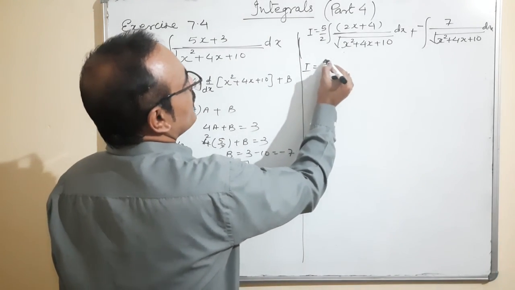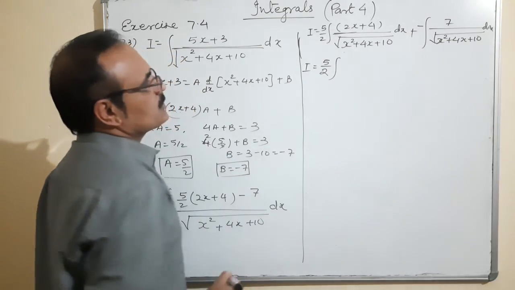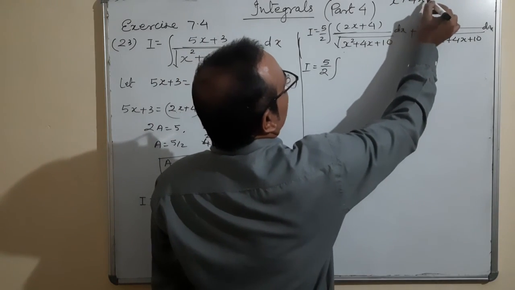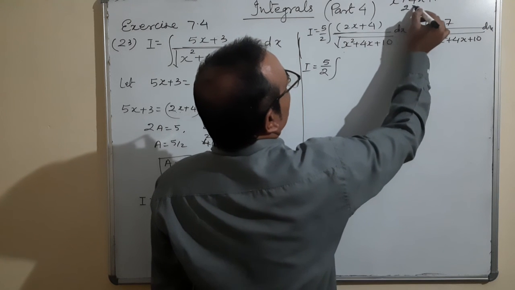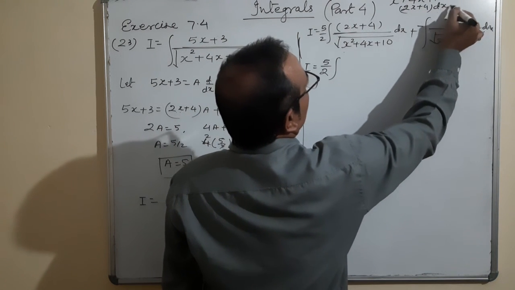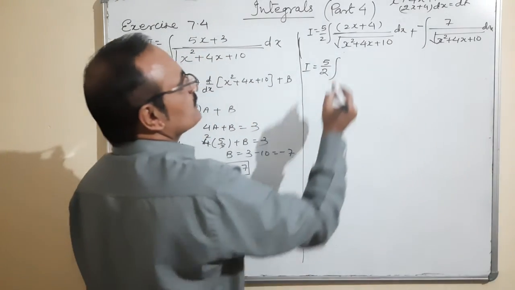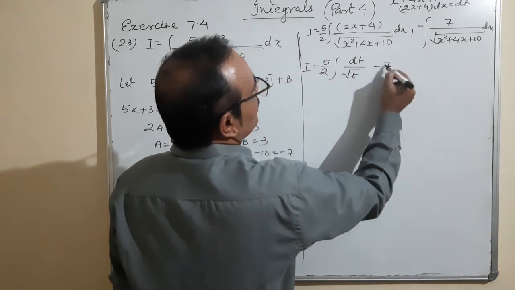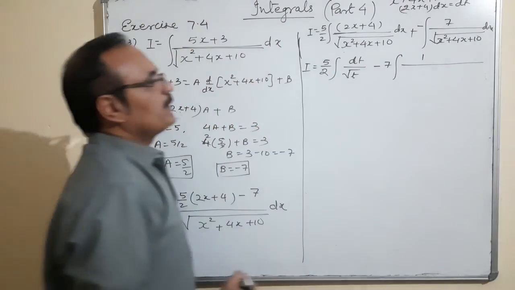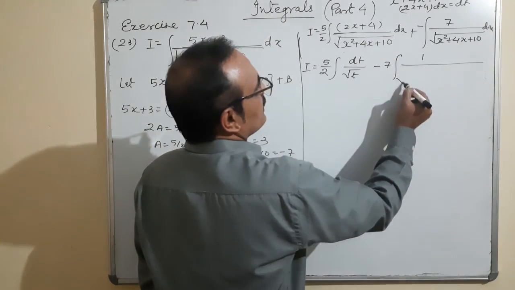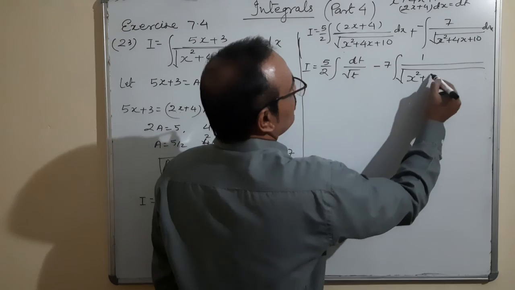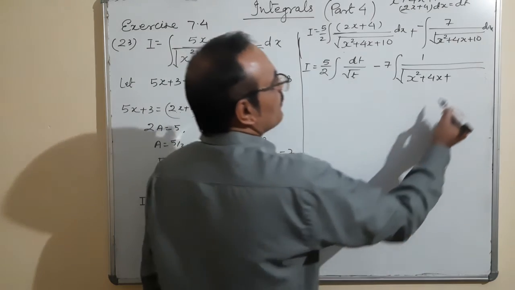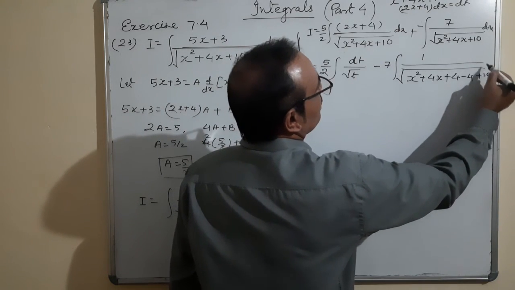I is equal to 5 upon 2. Let this term x square plus 4x plus 10 be equal to t. Therefore 2x plus 4 dx is equal to dt. So I can write 2x plus 4 dx is equal to dt upon under root t, minus 7 times 1 upon, completing the square with the same procedure, under root x square plus 4x plus, coefficient of x, that is 4 divided by 2, 2, its square 4, plus 4 minus 4 and plus 10 dx.